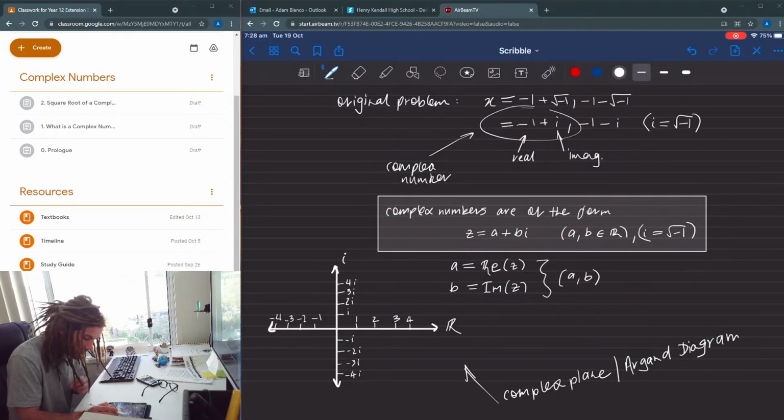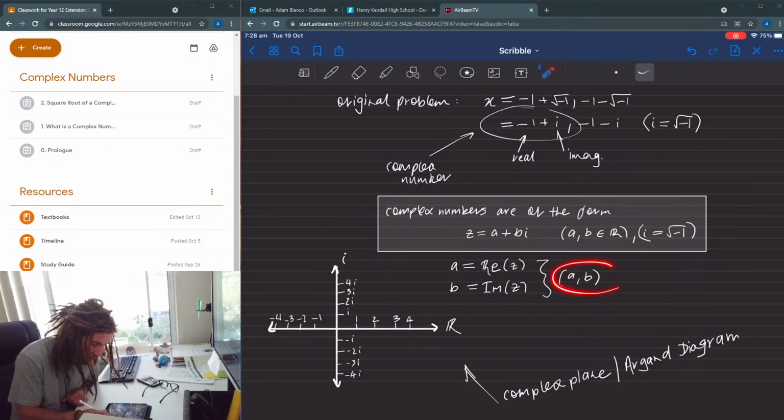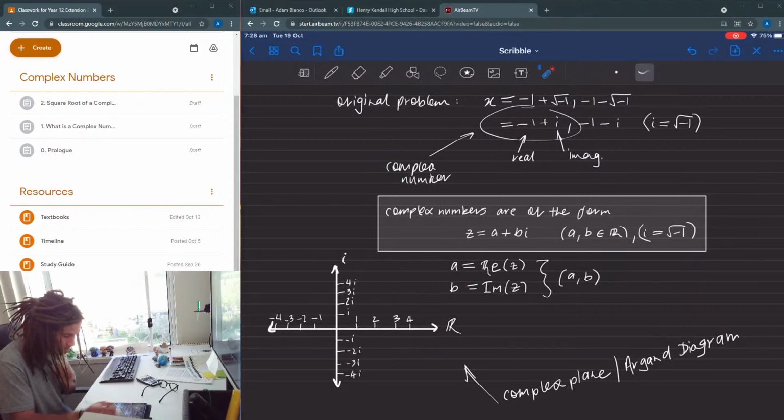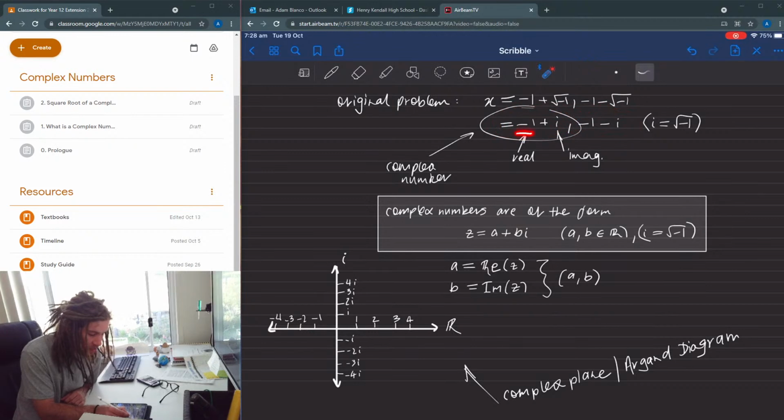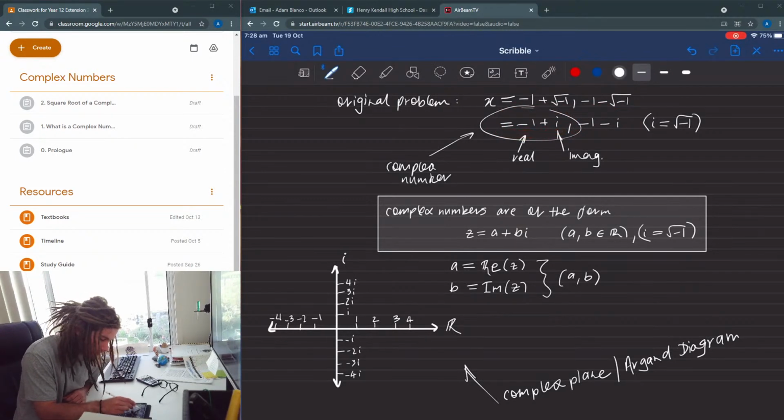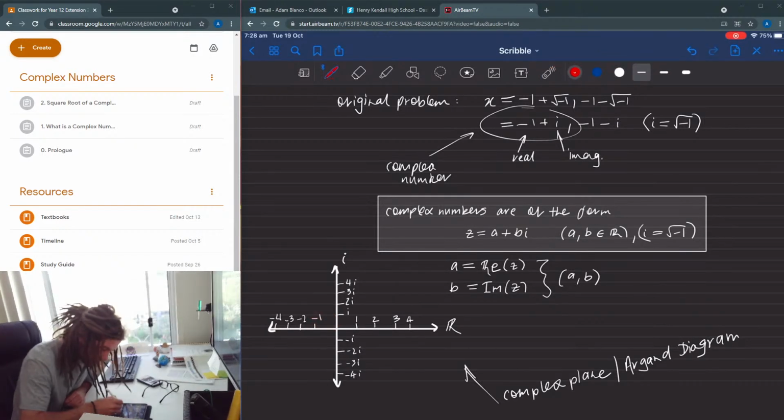Now this ordered pair here: if I look at our original problem, these two, I can graph them. Minus 1 plus i is going to be here. Let's do that in red.